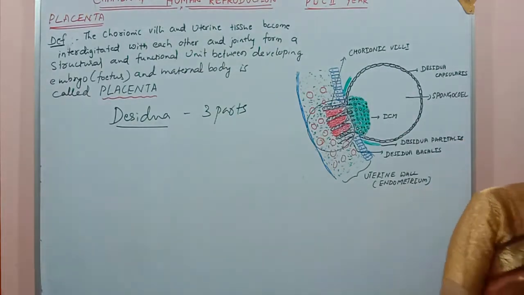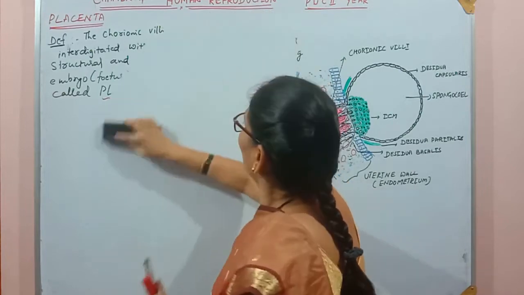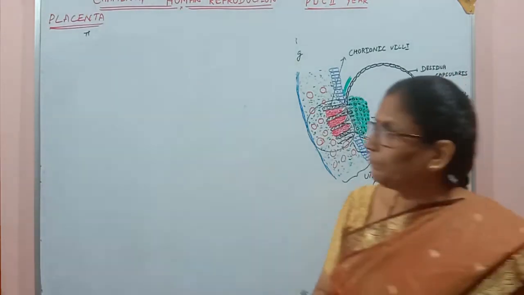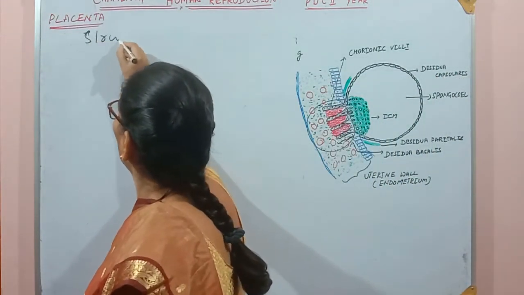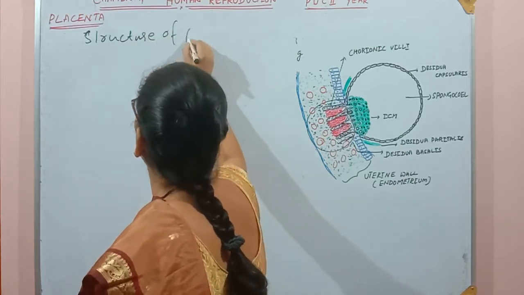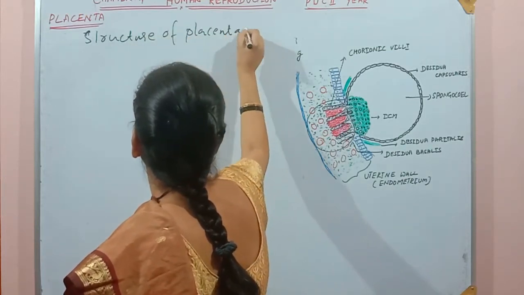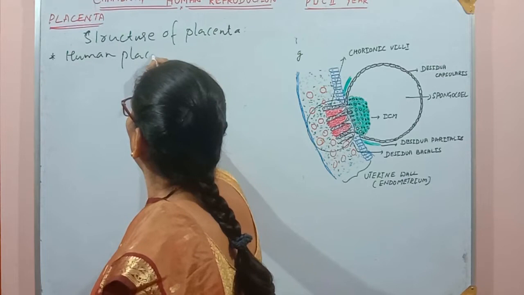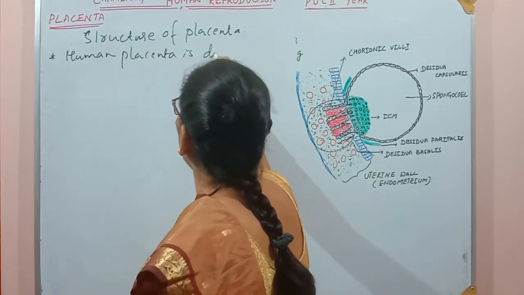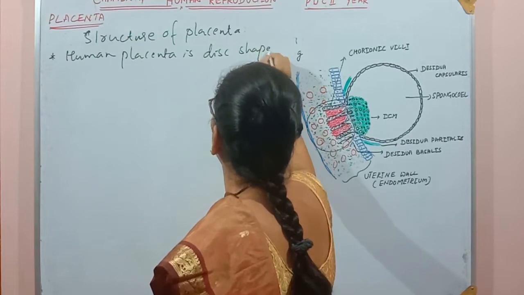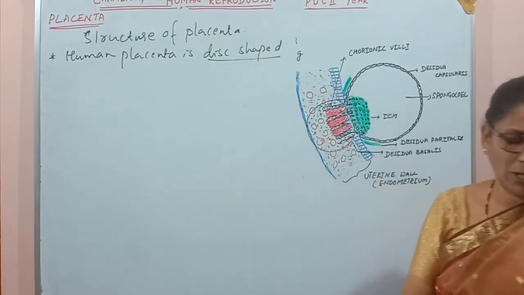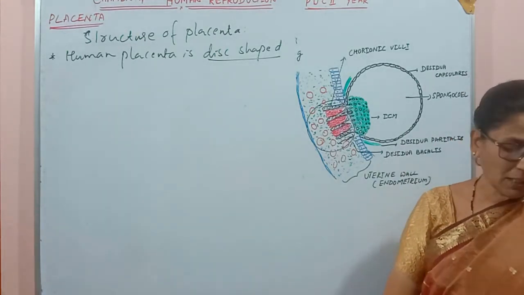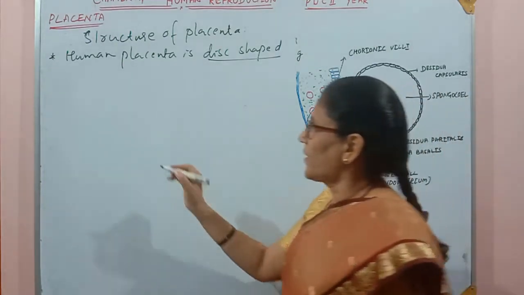So human placenta is disc shaped. It's a disc shape and about 15 to 23 centimeter in diameter and 2.5 centimeter in thickness.